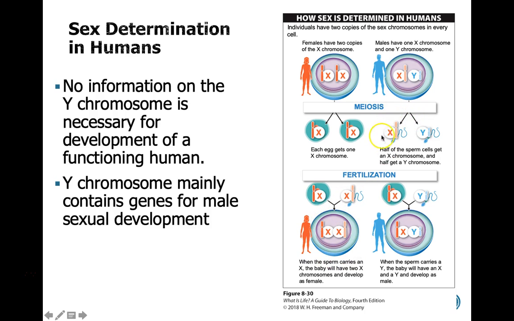So we see here how the male determines the sex of the individual. If the sperm carrying the Y is the one that fertilizes an egg, then we get a male. So again, we can see that by the specific donation of the chromosome in the sperm, we get the sex of the individual.